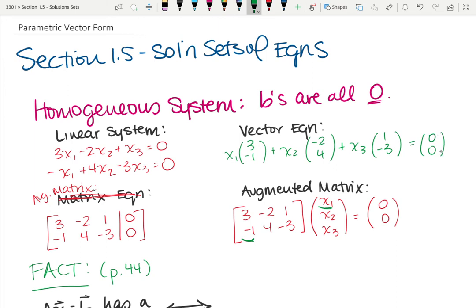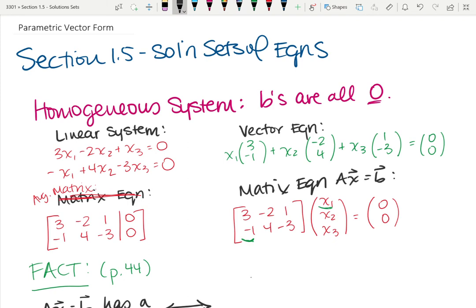By convention, we put scalars on the left. So that is the matrix equation, AX equals B.